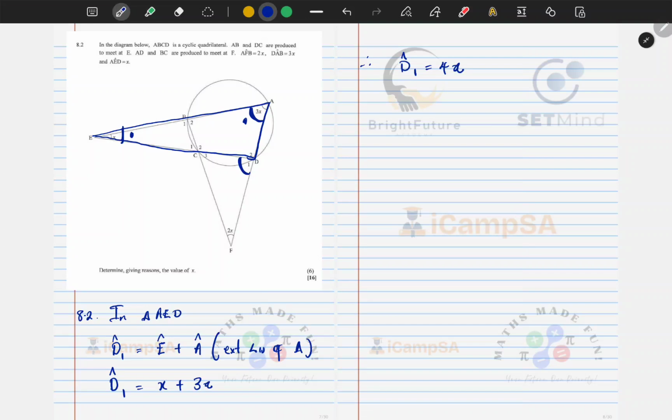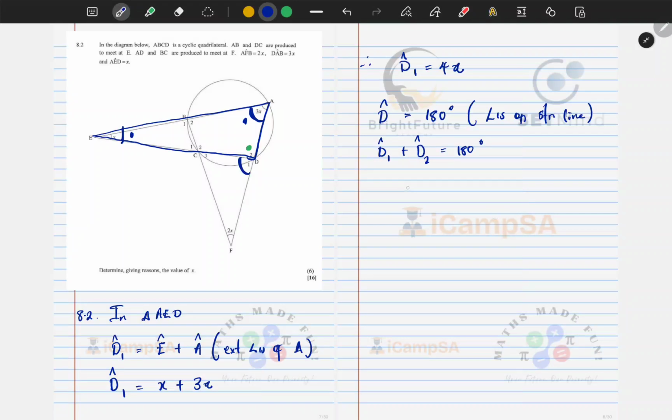Great. So if we know that angle D1 is 4x, we can also find D2. We know that the entire angle D is equal to 180, because it's angles on a straight line. And angle D is made up of D1 plus D2, which is 180 degrees.